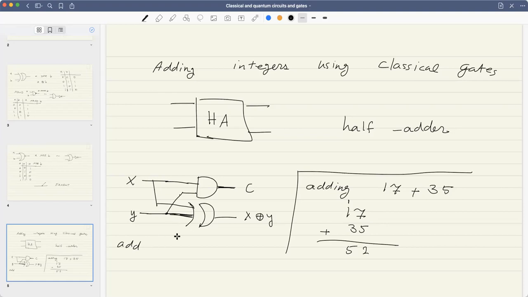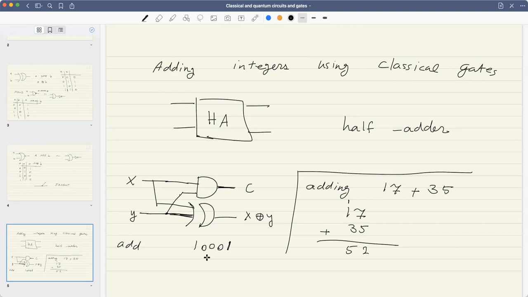So what is 17? It's 1 plus 16, right? So I have a 1 here. Then my 2 is 0, my 4 is 0, my 8 is 0, and my 16 is 1. Did I do it right? So 1 to the power 0, which is 1, 2 to the power 1, which is 2, 2 to the power 2, 3. Yeah, that seems to work.